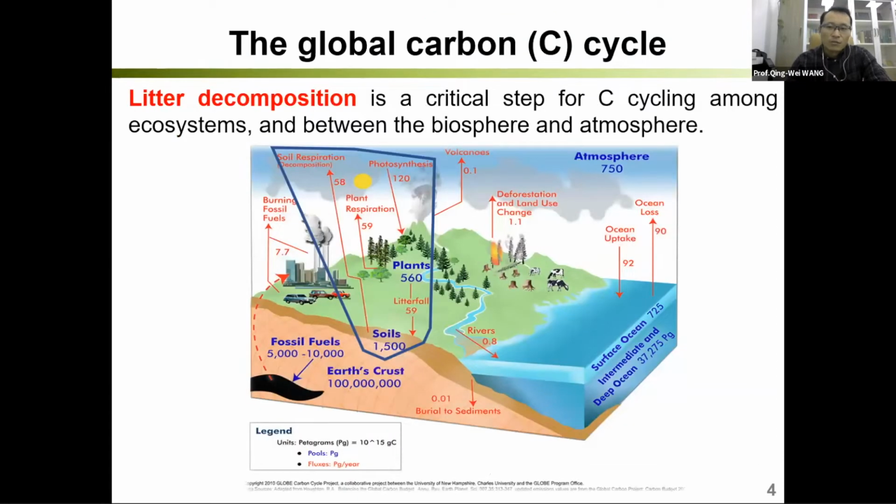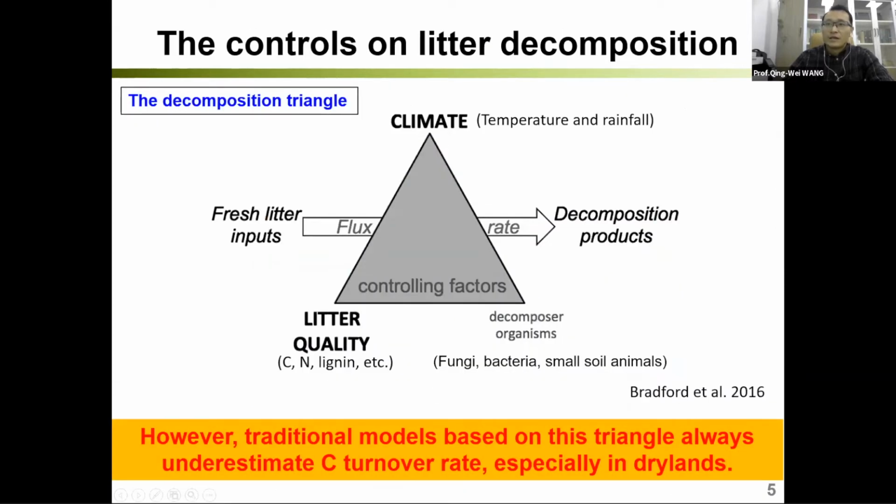Among all processes, litter decomposition is a critical step for carbon cycling among ecosystems and between the biosphere and atmosphere.